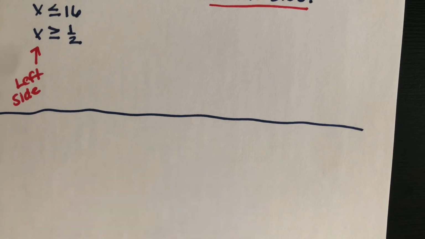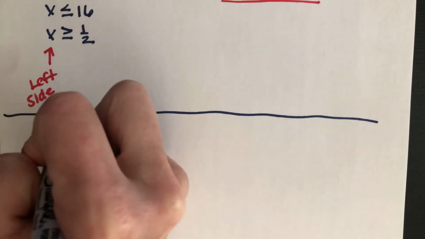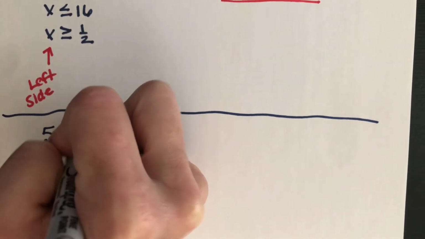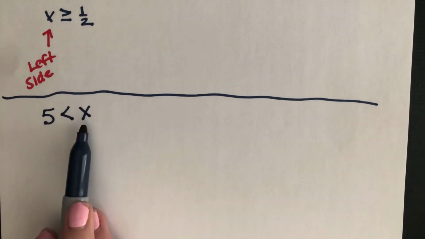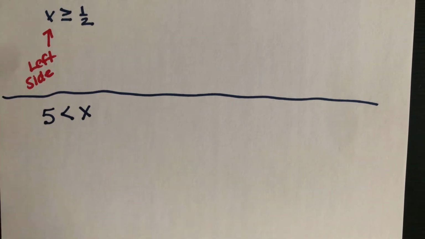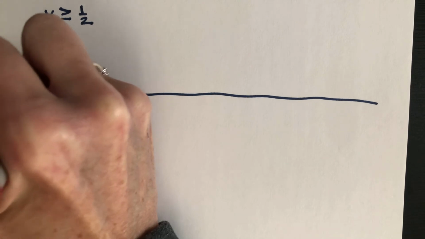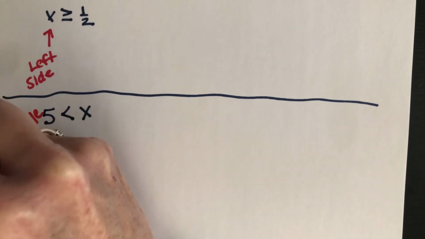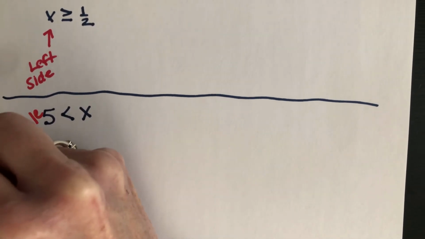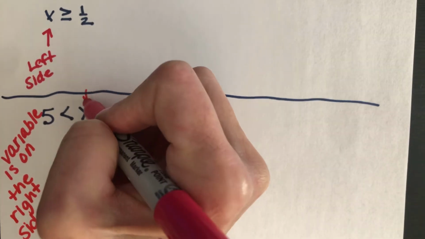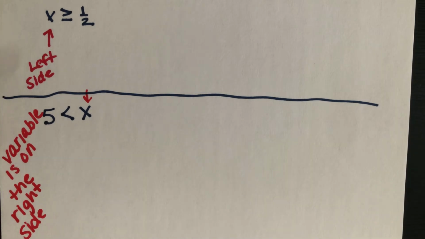So what if I had 5 is less than x? Notice my variable is now on the right side. X is less than, excuse me, I'm sorry, 5 is less than x.